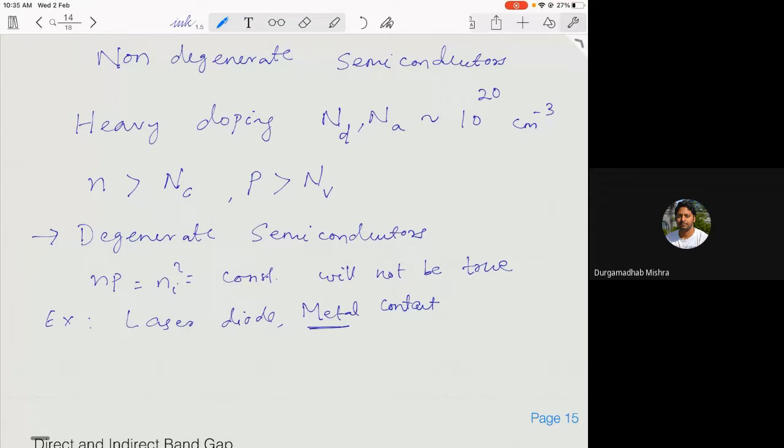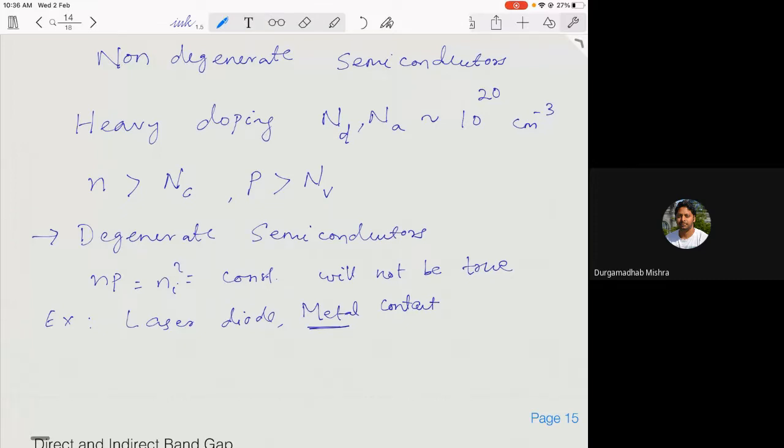Typically, you would use copper, aluminum, gold or silver as a metal contact. Instead of that, you can actually use a heavily doped, degenerate semiconductor as a metal contact. And that is actually used in semiconductor devices.